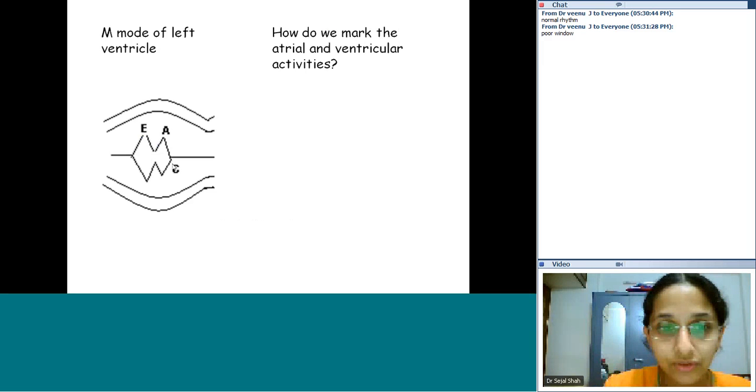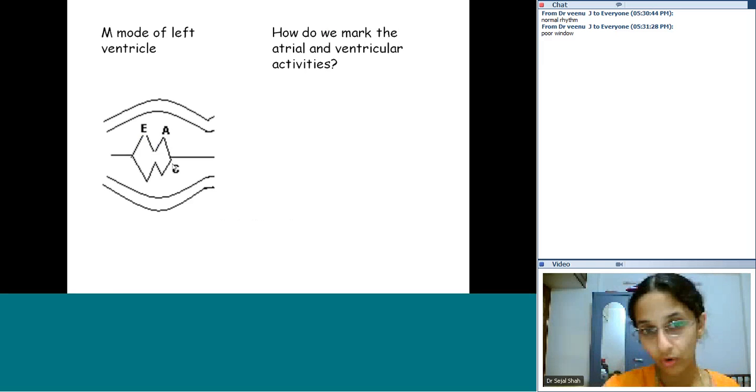This marking would be more accurate compared to the M mode which we saw already in the previous figure of the atria and the ventricles. So this is the M mode of the left ventricle with the movement of the mitral leaflet C. How do we mark the atrial and the ventricular activities in this figure?